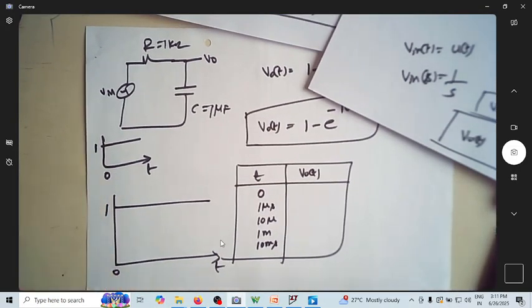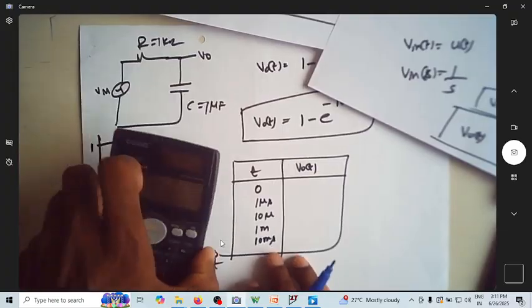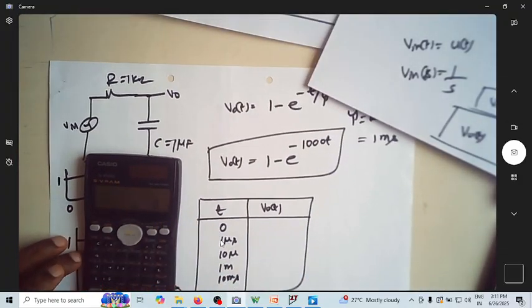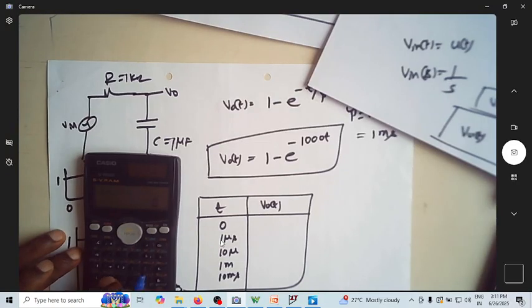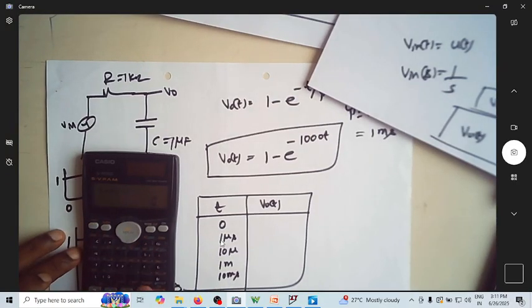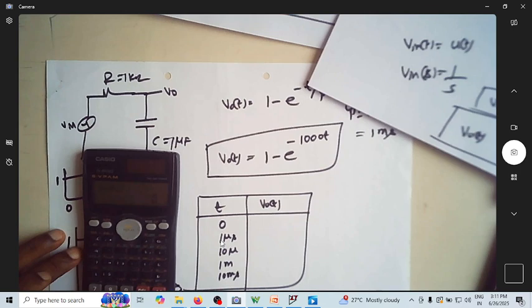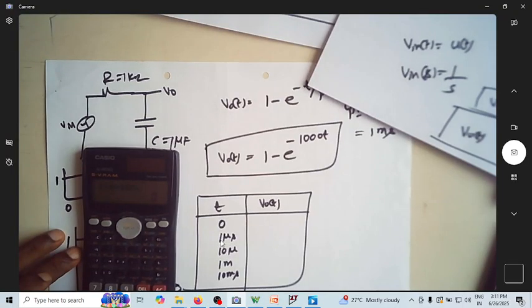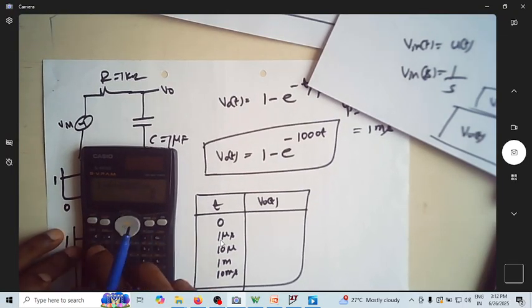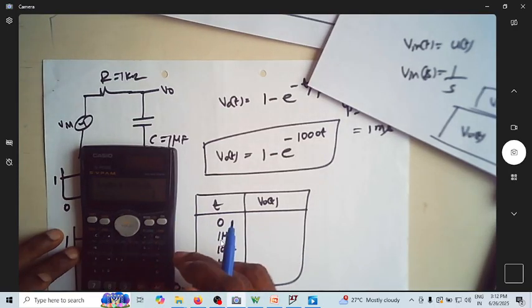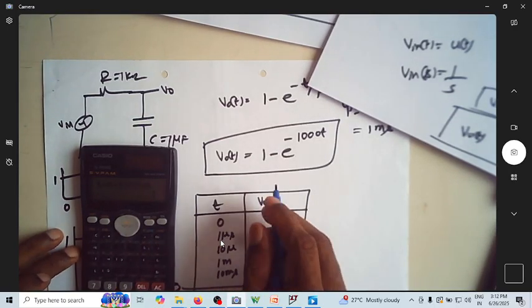So let us try to find the values. Let me take it as 1 minus e power minus 1000 t. Calculate for alpha equal to 1, exponential minus 6. So now let us give it for 0.